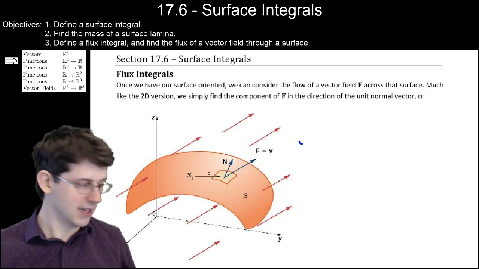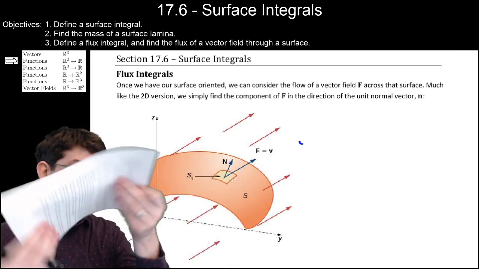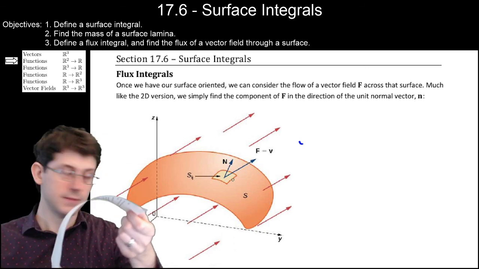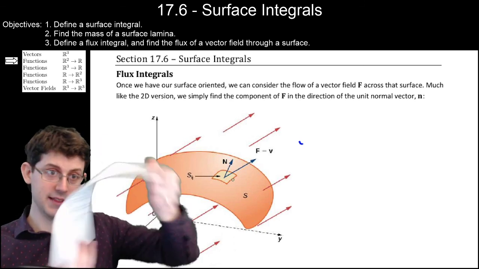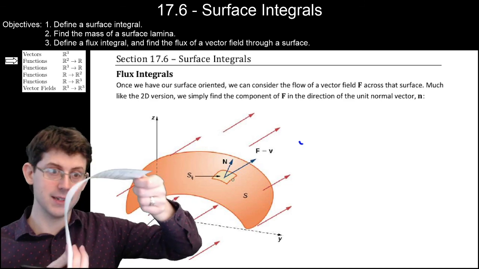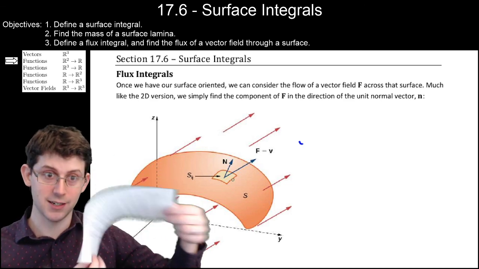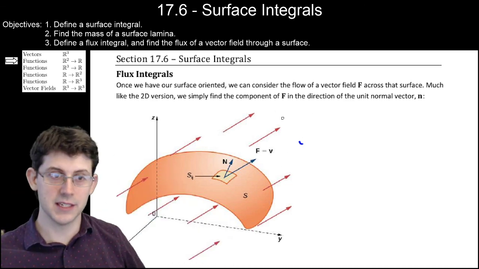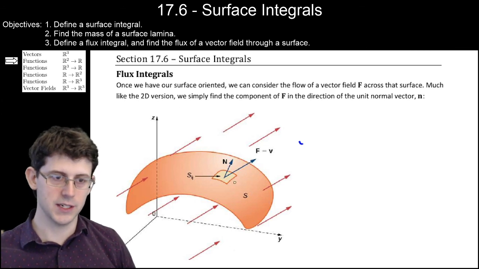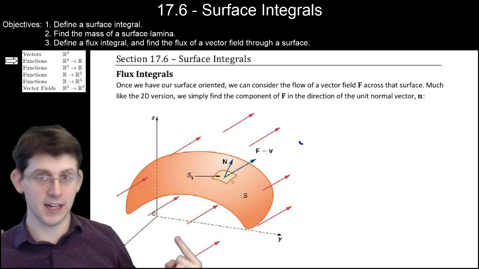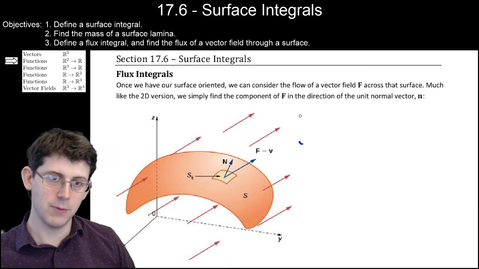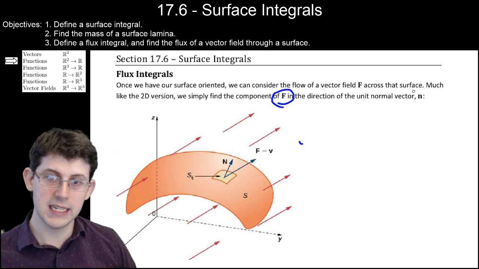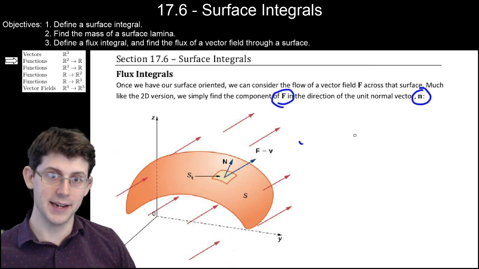So now we're thinking of our surface as like a sail in the wind. We're saying if the wind blows and this surface is catching the wind, how much wind does the surface catch? We do it the same way we did it in the 2D version, which is, to have flux through a surface, you check how much F agrees with the normal vector n.